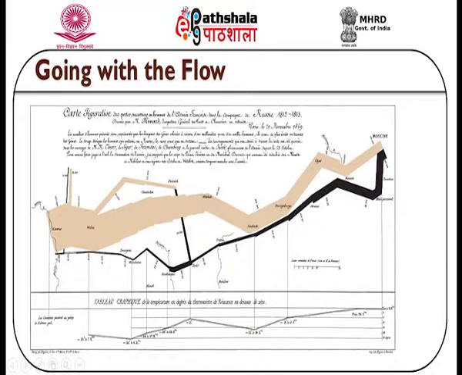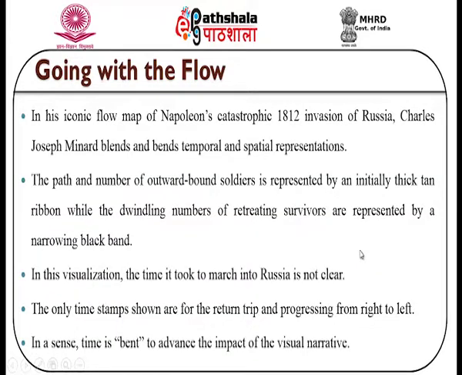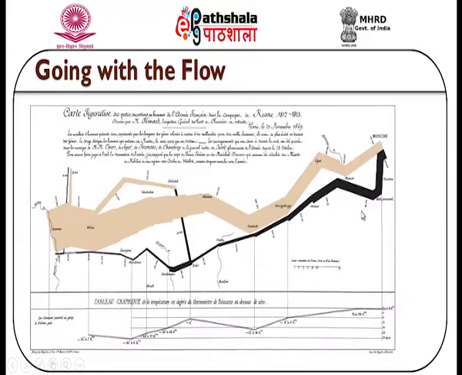Here we can see the variations in the time period with respect to the data that has been captured. So in his iconic flow map of Napoleon's catastrophic 1812 invasion of Russia, Charles Minard blends and bends temporal and spatial representation. The path and number of outward bound soldiers is represented by an initially thick tan ribbon.